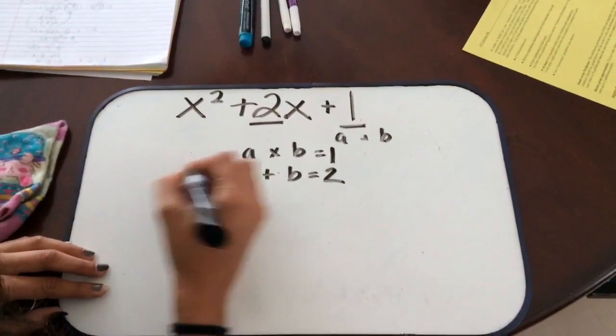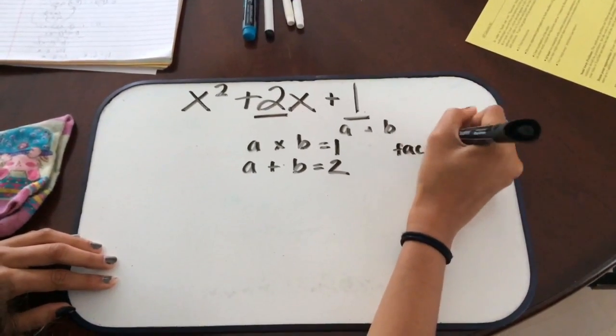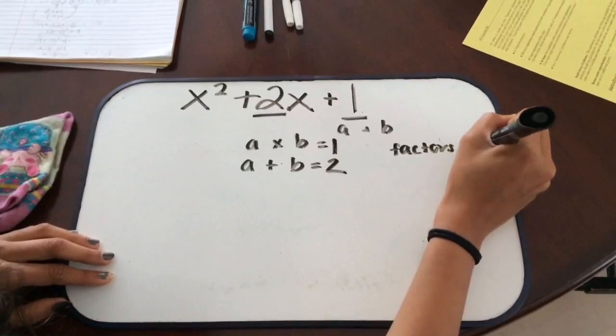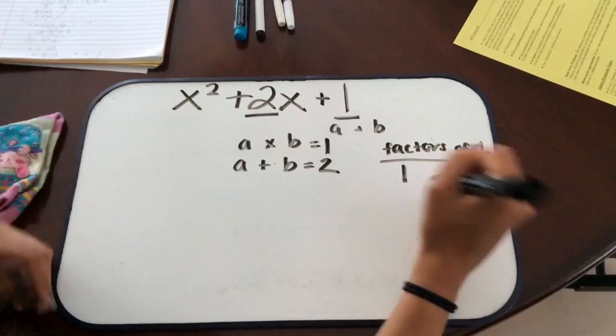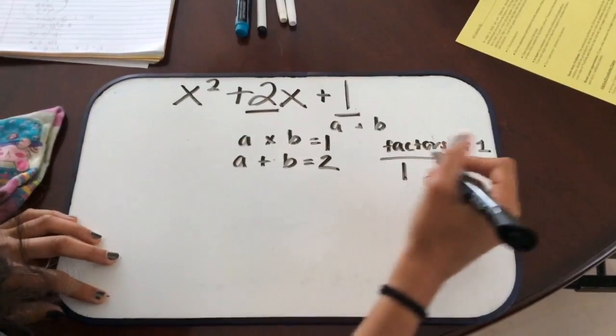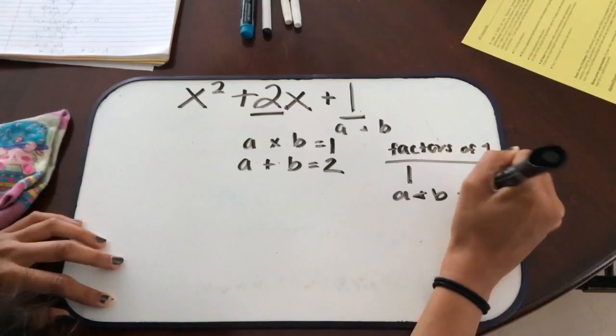From there, you come up with the factors. The factors of 1 are 1, and that's it. So a and b equal 1.